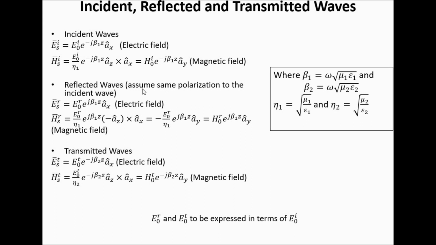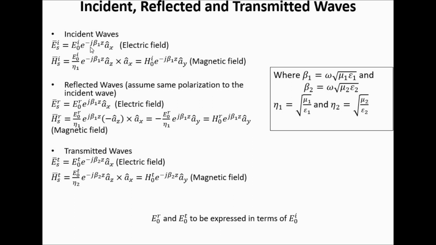Now for the reflected wave, assume the same polarization as the incident wave. So I am assuming the electric field has the same polarization. So E_sR will be E0R e to the power j beta 1 z AX. Here you see we are assuming the same polarization, so AX is the same, and this sign is positive. Here you see the reflected wave propagates in the opposite direction to the incident wave.